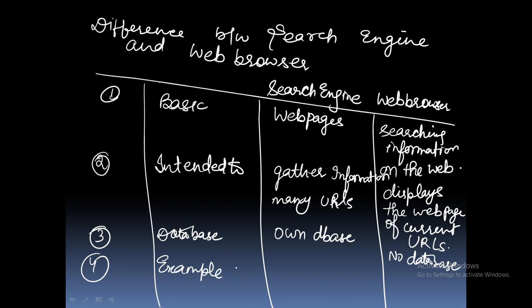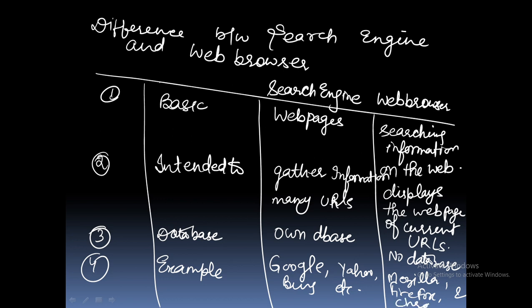Examples of search engine are Google, Yahoo, Bing, etc. On the other side, web browser examples are Mozilla Firefox and Chrome, etc. These are our examples of web browser.